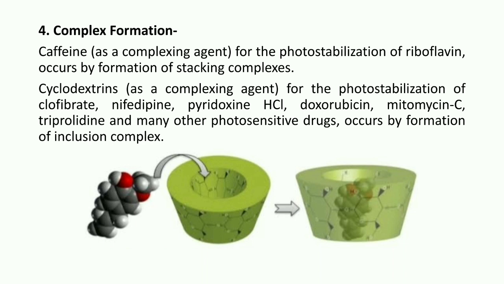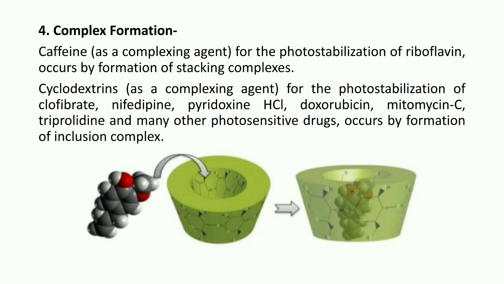Cyclodextrins are the cyclic oligosaccharide molecules which have relatively hydrophobic interior and hydrophilic exterior. This structure imparts to them the capability of forming inclusion complexes with the hydrophobic drug molecules and thus protecting them from photodegradation.